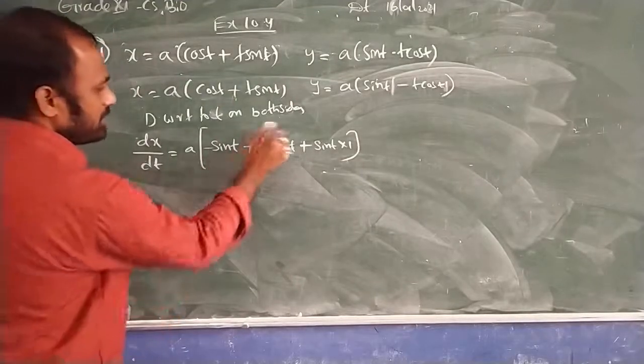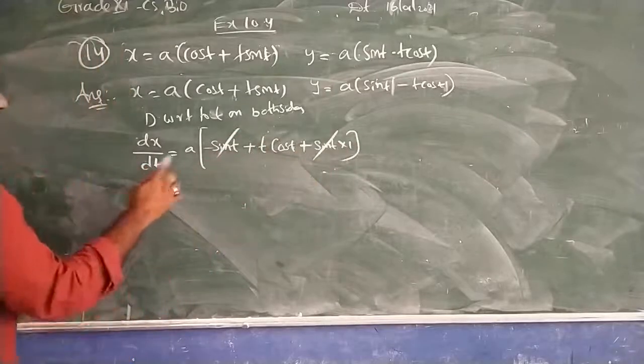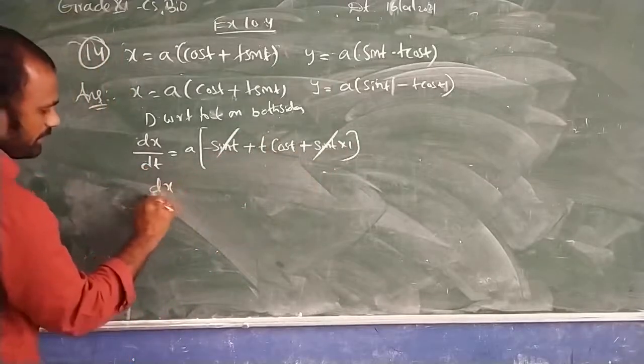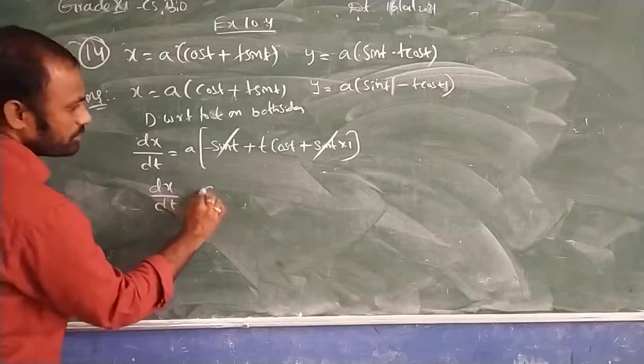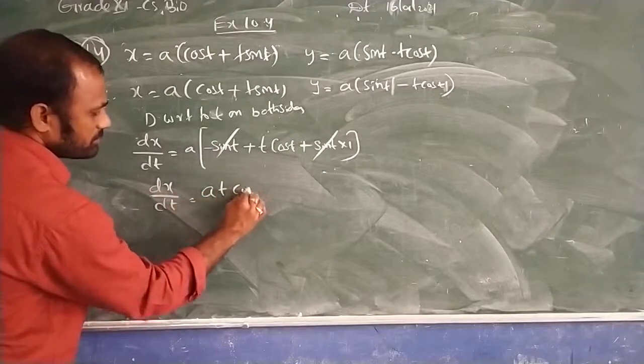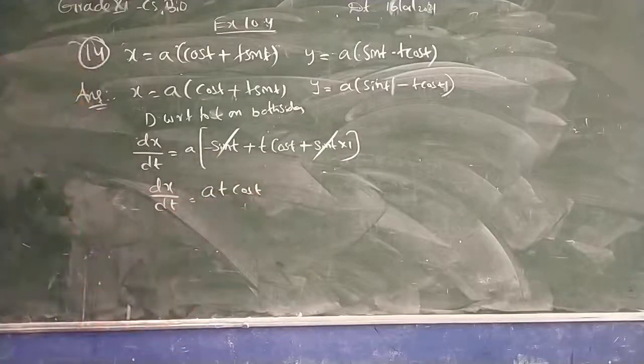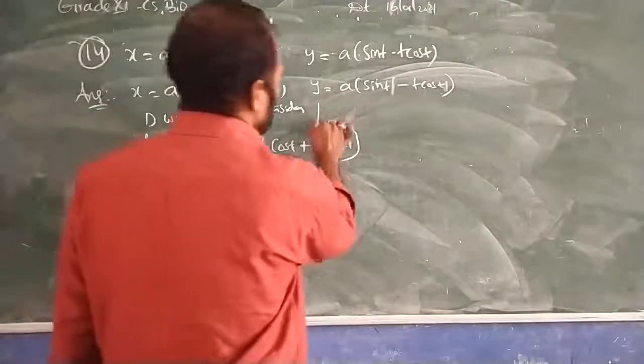So here sin t gets cancelled, and we are left with dx by dt is equal to at cos t.